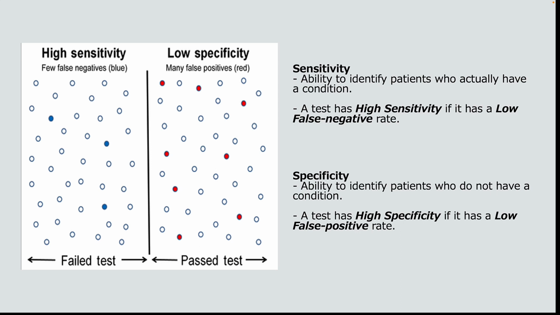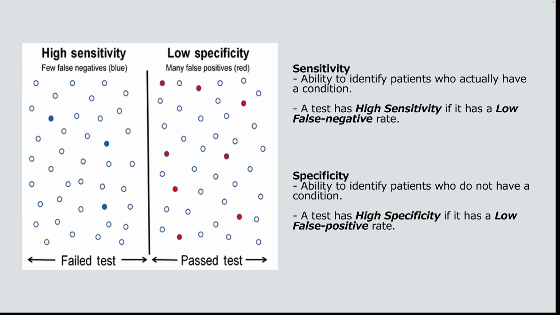And so the goal here, of course, is always to have a test with good sensitivity and good specificity, which tells us that the test itself is very good at separating the true positives from the true negatives. A test that has high sensitivity is very sensitive and has low false negatives, which means it makes the right call.